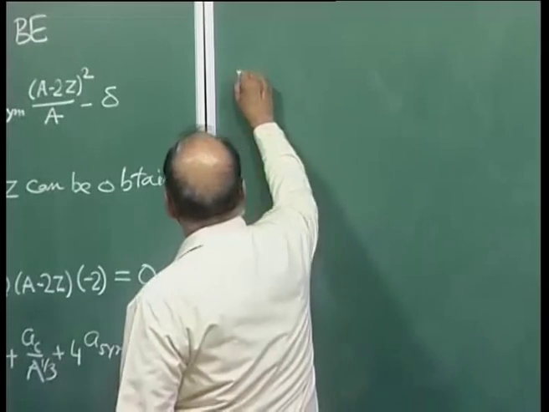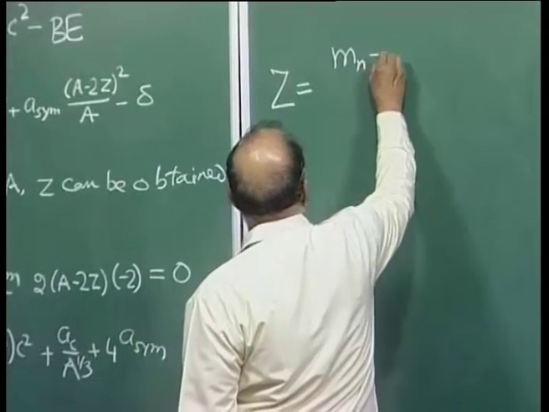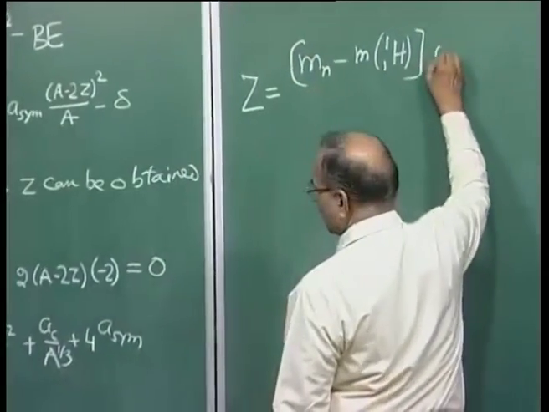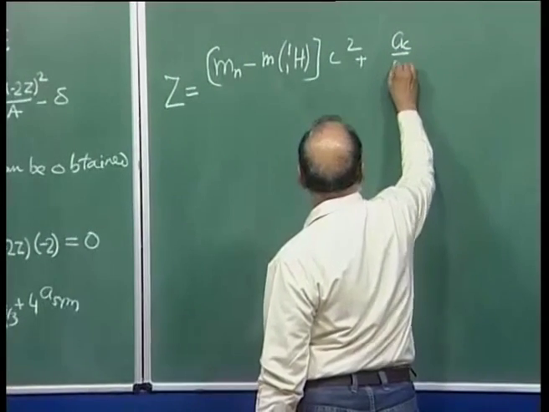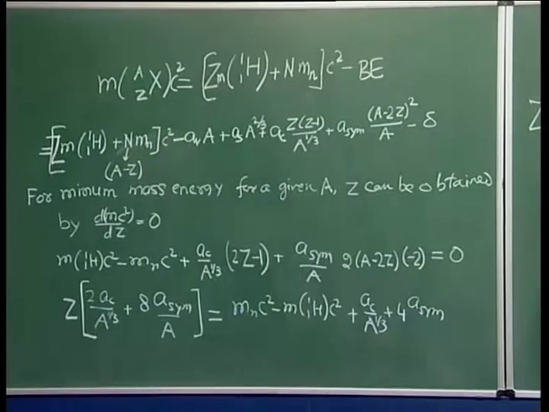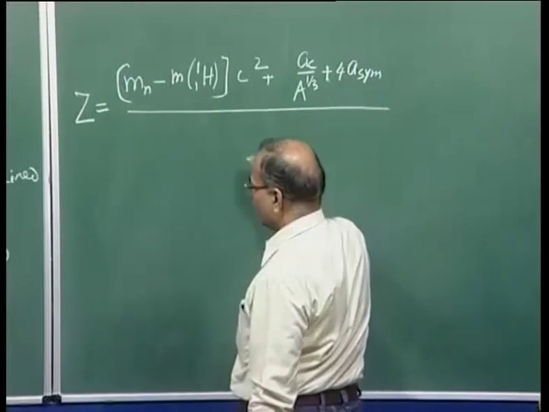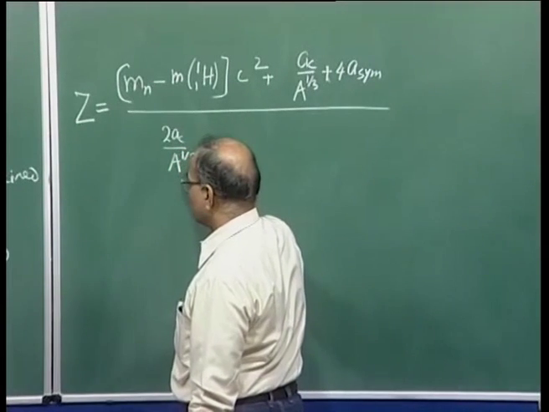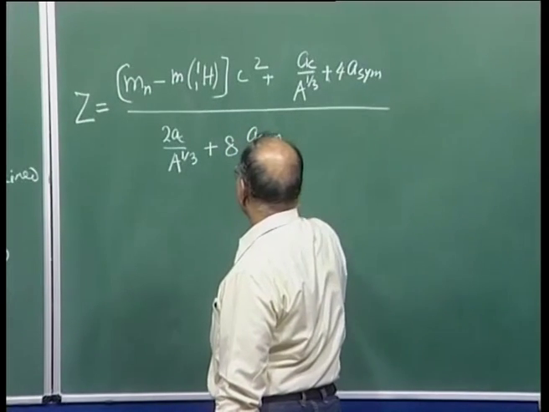So z is equal to (mn minus m1h1) c square plus AC by A power 1 by 3 plus 4 times asymmetric, divided by 2 AC by A power 1 by 3 plus 8 asymmetric by A.